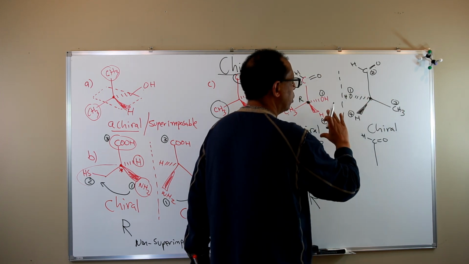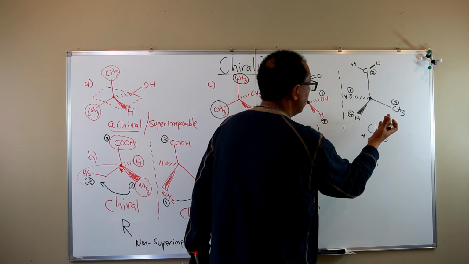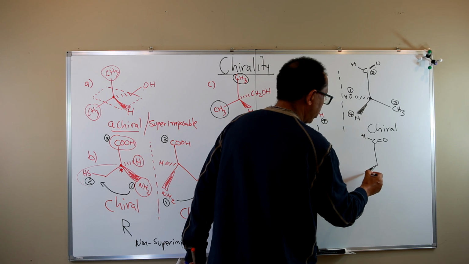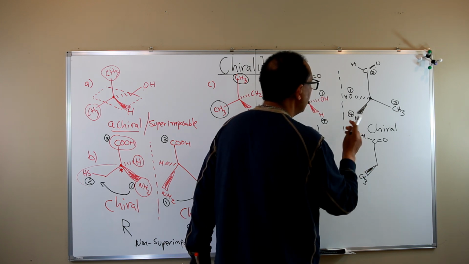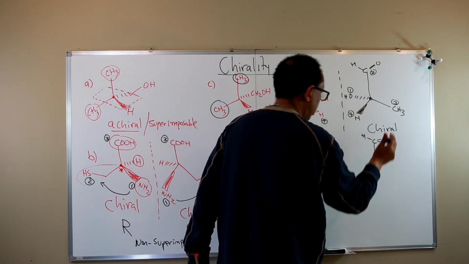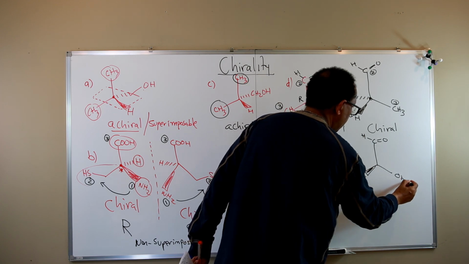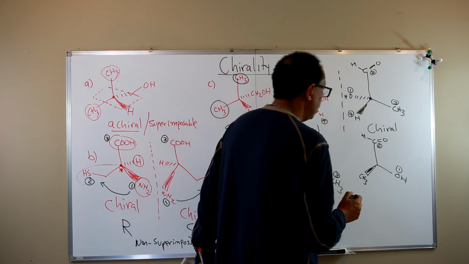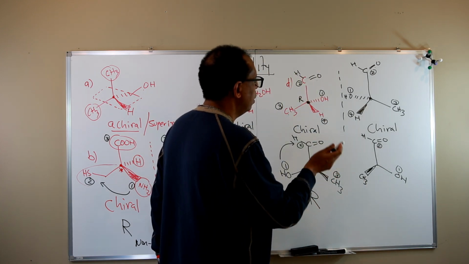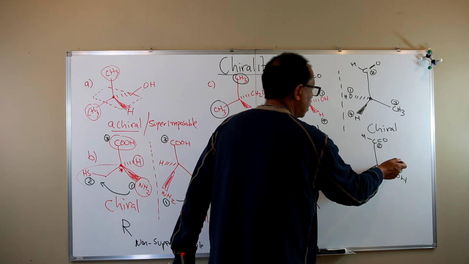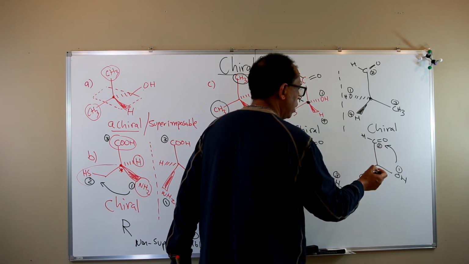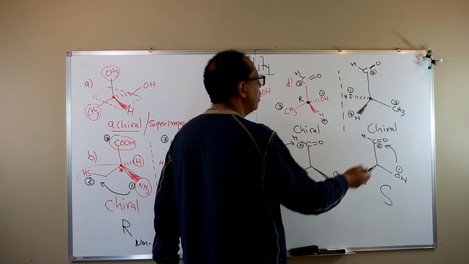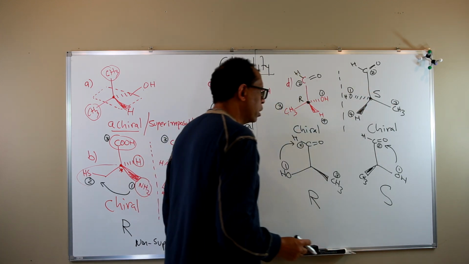So rotating in this direction would give me CH3 where hydrogen was, and OH where CH3 was. So this is 1 and this is 2. So now the rotation is toward this. This movement is an S, which is consistent with what I have. This is an S configuration.